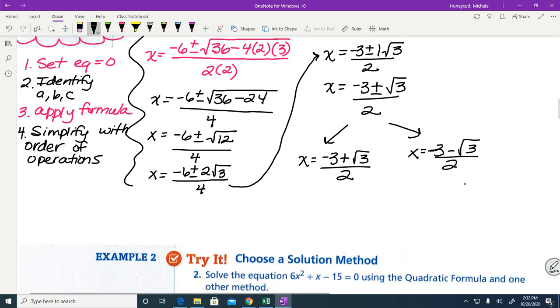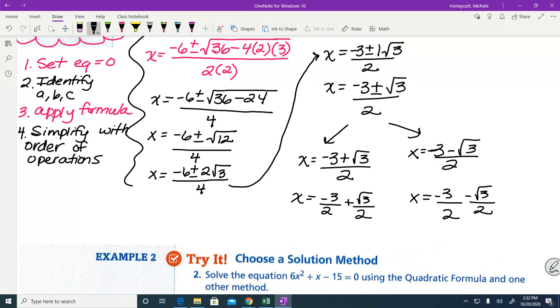We also need to realize another way that I could write this answer is if I were to break up the fractions, because negative 3 plus square root of 3 over 2 is the same as negative 3 over 2 plus the square root of 3 over 2. It's really important that we can recognize all the proper ways that our answers could be written. Negative 3 minus the square root of 3 over 2. And you can break up fractions as long as you only have one term in your denominator.